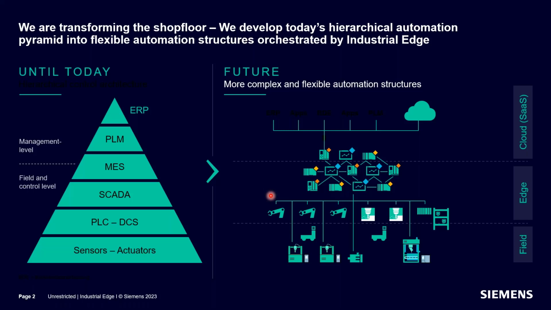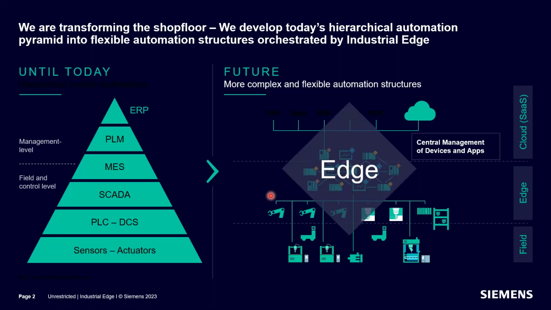So that was the reason why Siemens went into edge technology several years ago, to provide a central management system to manage the edge devices and also the software to build IoT use cases on the edge platform.